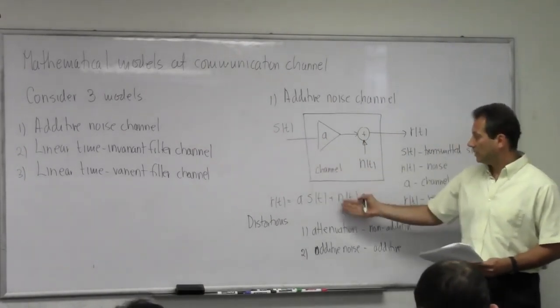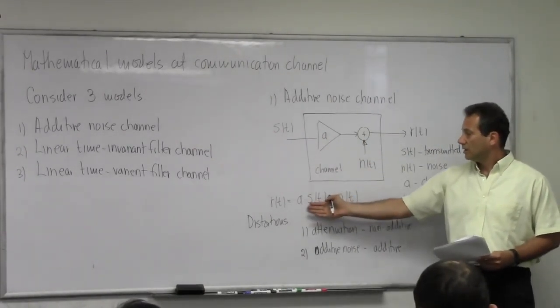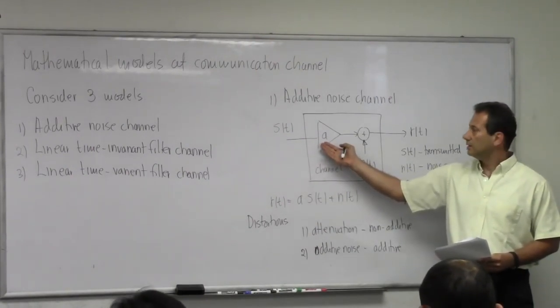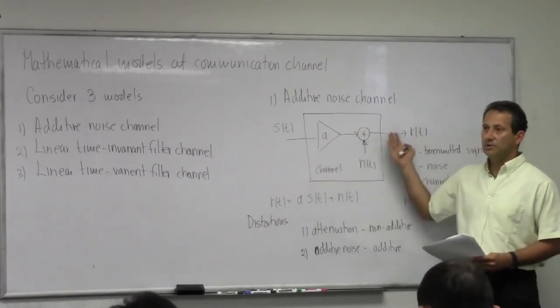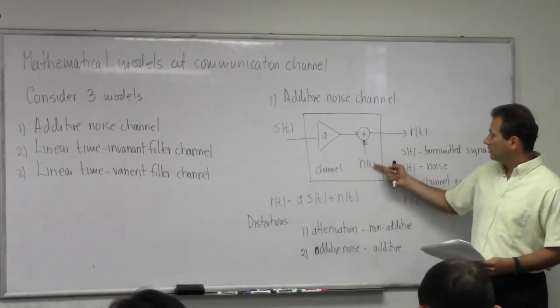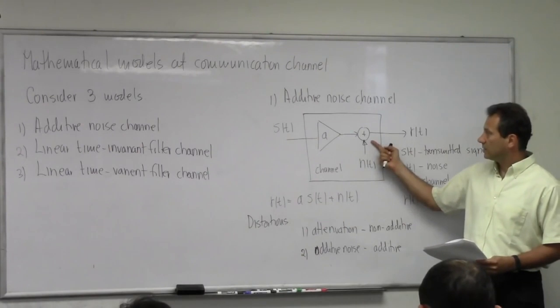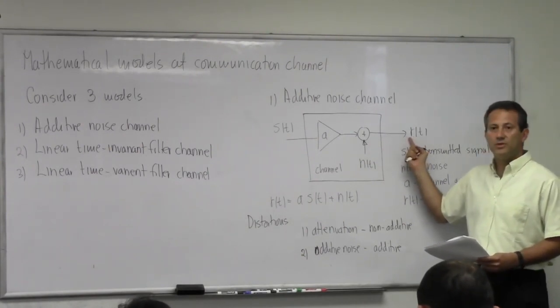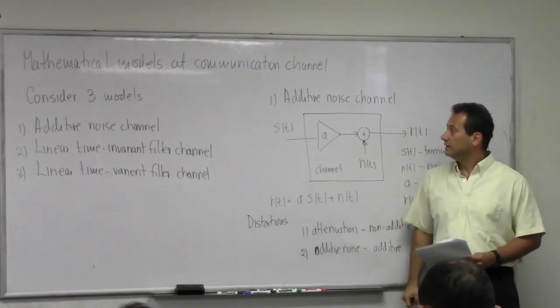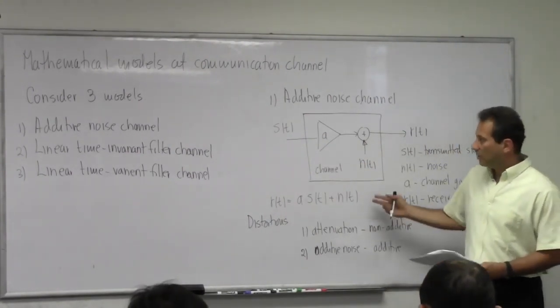When you have a multiplicative distortion, every frequency that you placed at the input actually comes at the output. It just might be attenuated, right? But here, in addition to that, you have some components of the output signal that didn't exist in the input itself.